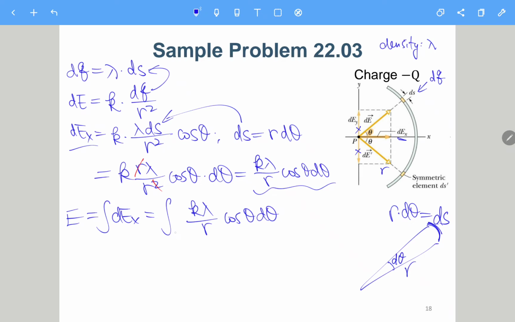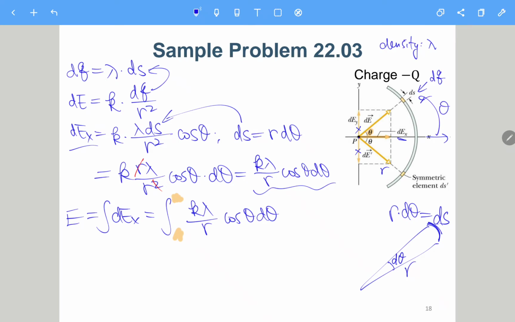And of course we need to determine the lower bound and the upper bound for this integration. It should be a definite integral. So this is the x-axis, and this is theta.